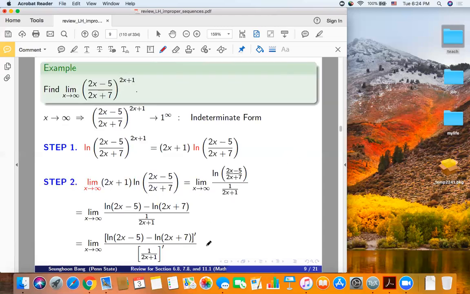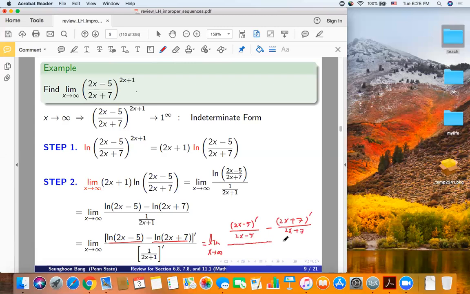So what's that? The limit as x approaches infinity. The derivative of ln of 2x minus 5 is the derivative of 2x minus 5 over 2x minus 5, minus the derivative of ln of 2x plus 7, which is the derivative of 2x plus 7 over 2x plus 7.